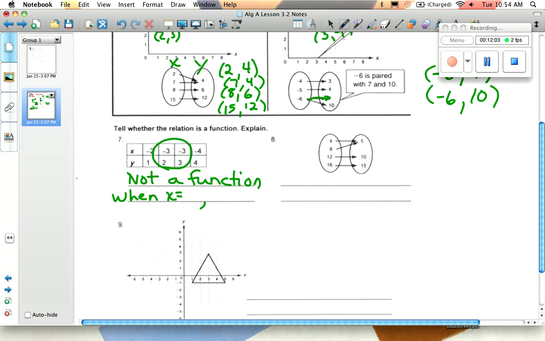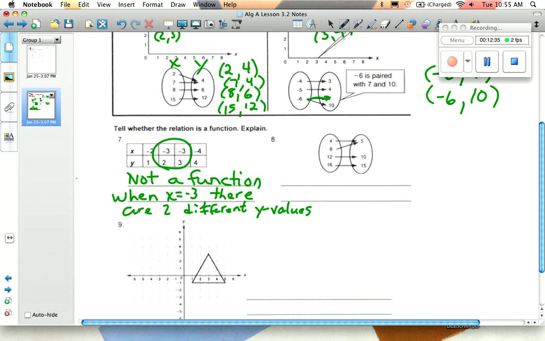When x equals -3, there are 2 different y values. So that's our explanation. It's not a function, because when we have the x value of -3, there are 2 different y values.